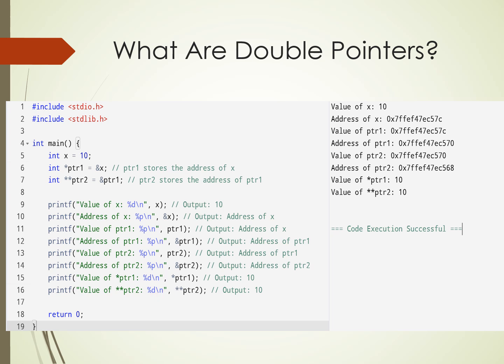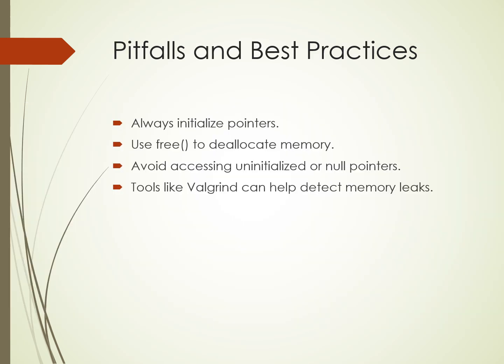Here this %d and %p are called format specifiers in C. Here at this point, I'll once again explain how the memory is allocated for a pointer and a double pointer. So think of your computer's memory as a giant list of numbered storage locations, each of which can hold a certain amount of data, typically in bytes.